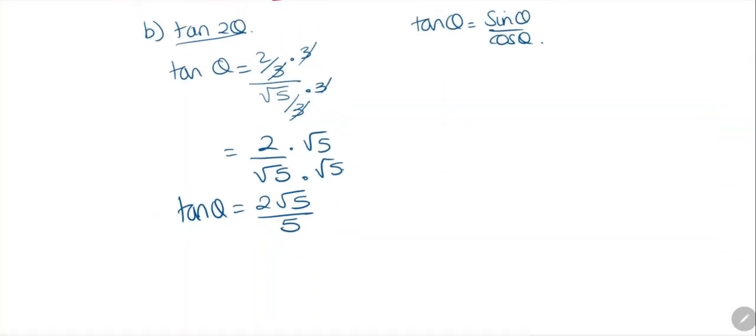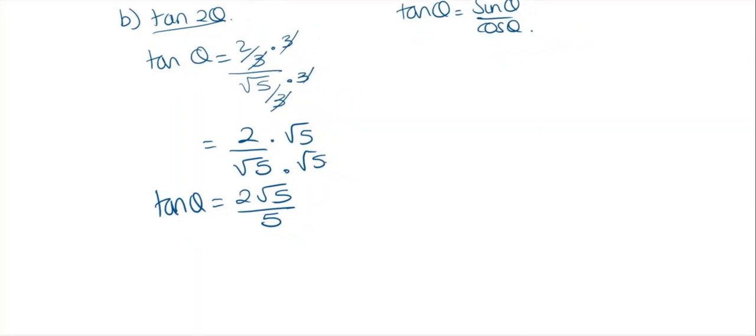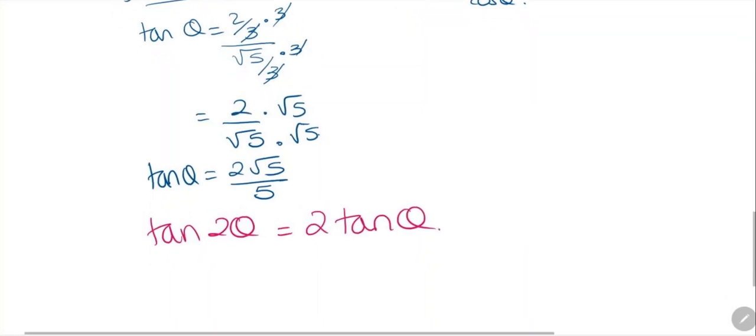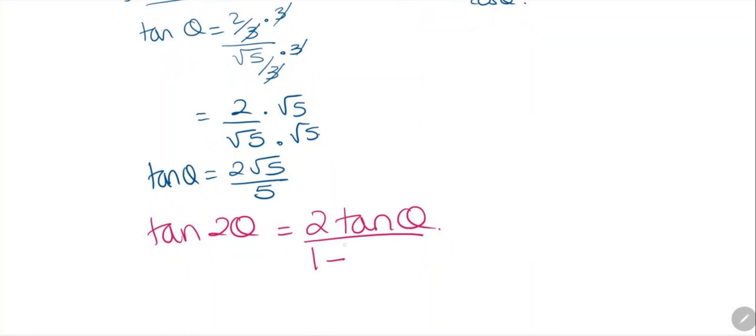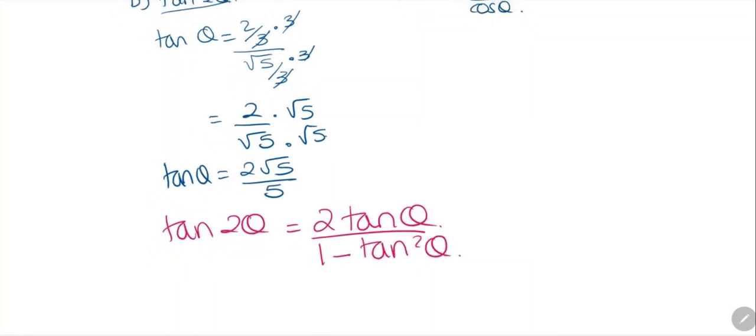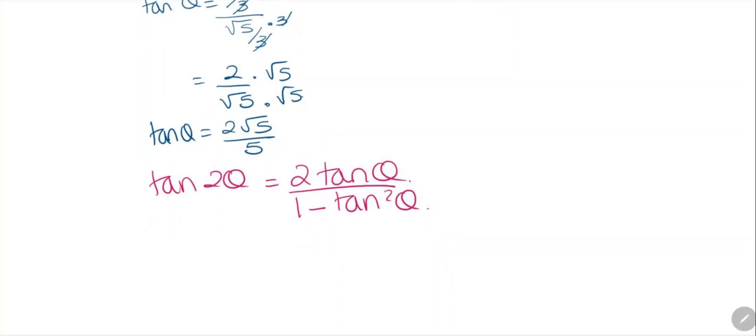Now we need to use the double angle identity for tan. So tan 2 theta is 2 tan theta divided by 1 minus tan squared theta. What we're going to do is substitute in the value that we've just worked out for tan.